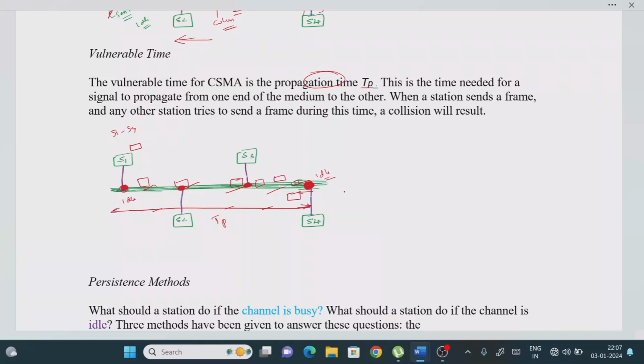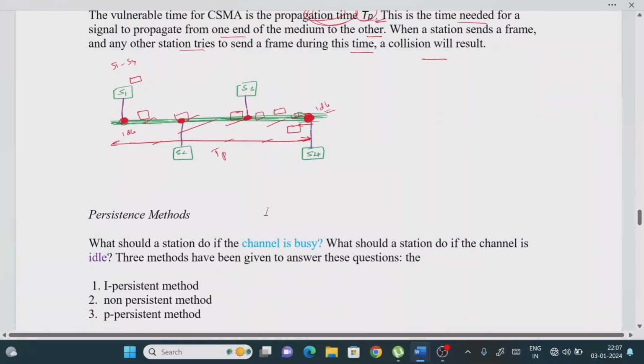So the vulnerable time for CSMA is Tp, the propagation time: the time needed for the signal to propagate from one end of the medium to the other. When a station sends a frame and any other station tries to send a frame during this time, a collision will result. This is the important point.